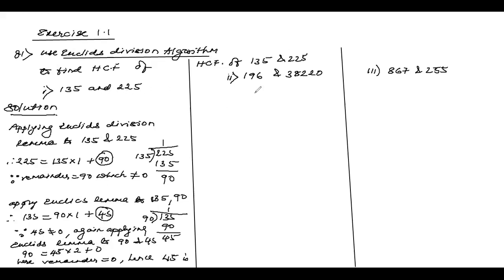Okay, so what we learned. Now we are going to learn to find the HCF of 196 and 38220. This was the first one, now the second one. The two numbers are 196 and 38220. The bigger number will be A, the smaller number is 196.